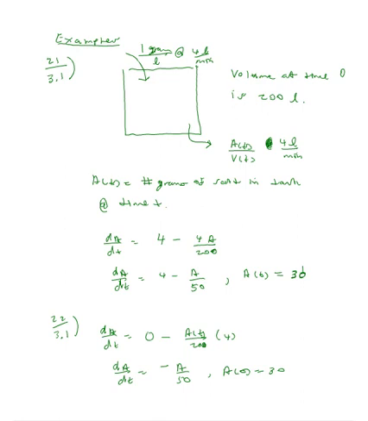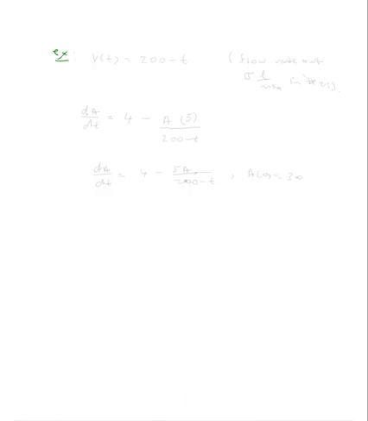Now, as a third example, let's repeat this same problem, problem 21, but let's make the flow rate out, instead of being 4 liters per minute, 5 liters per minute going out.